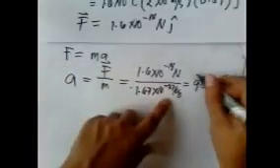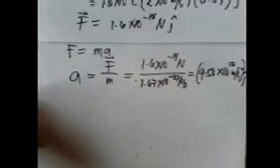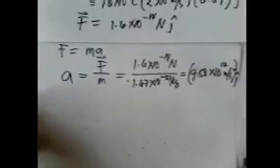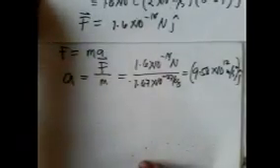So this is directed along the positive j hat. That is the acceleration of the particle.